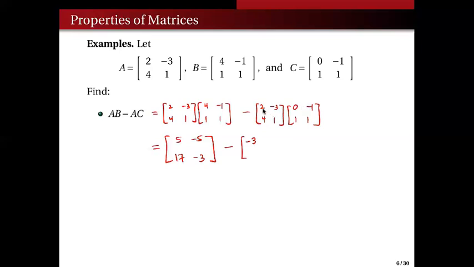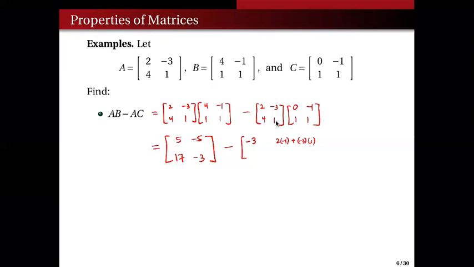And then first row, second column, we have 2 times negative 1 plus negative 3 times 1.